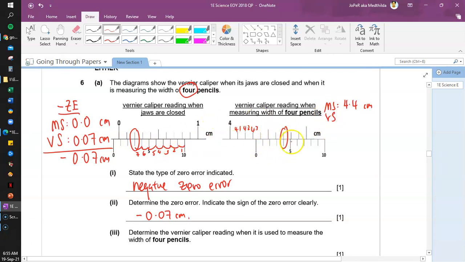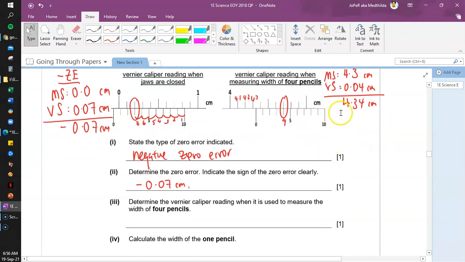Because this is not a negative zero error reading, we're just going to count it as per normal. So this is 1, 2, 3, 4. So the vernier scale is 0.04 cm. Hence the reading is 4.34 cm. Mistake, sorry: the main scale is 4.3, vernier scale is 0.04, so this is 4.34 cm.